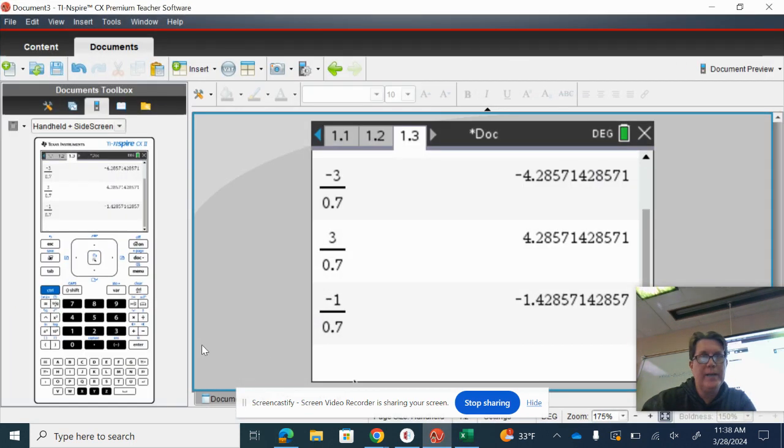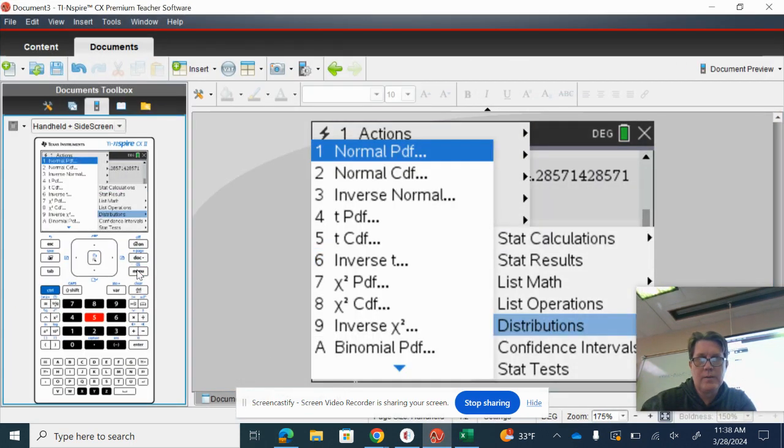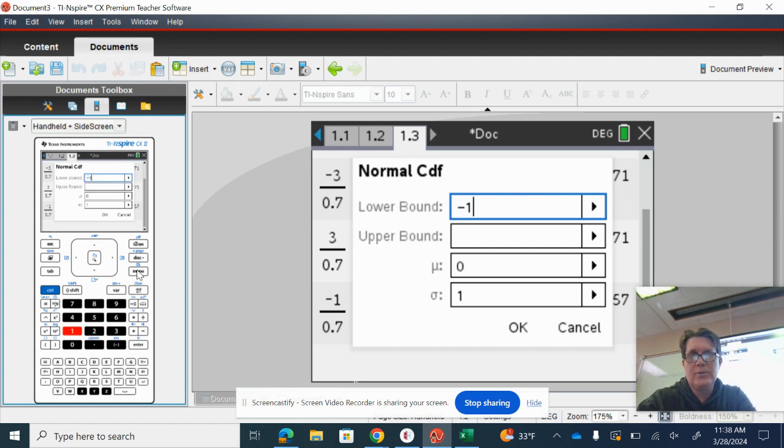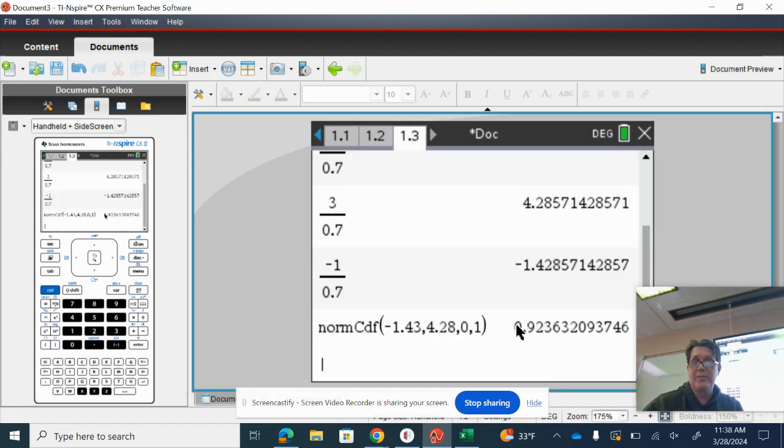Now, if you get the z-scores, -1.43 to 4.28, you can use those in here, but then don't replace your mean and standard deviation. Then you leave it 0 and 1, and it should get you the same thing, 92.6%.